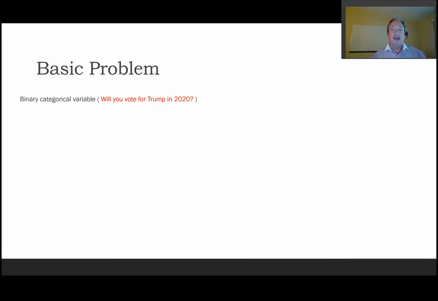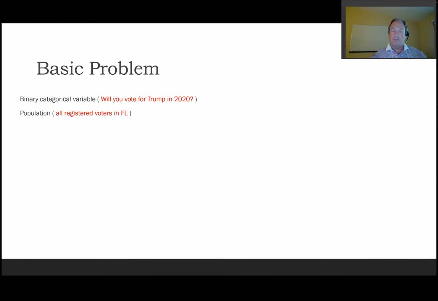So I may look at Christian, and then everything else becomes not Christian. And so this is what we call a binary categorical variable. It has two values. And I'm going to look particularly at the binary categorical variable of whether or not a person would vote for Trump in 2020.